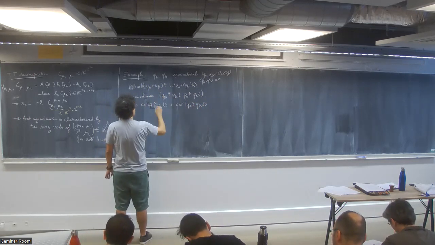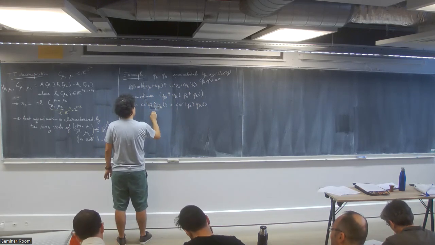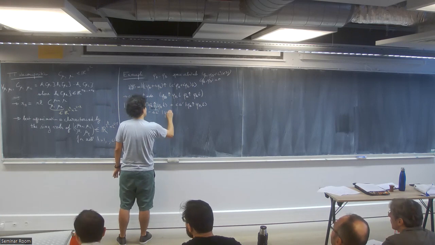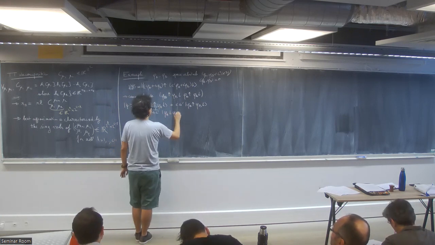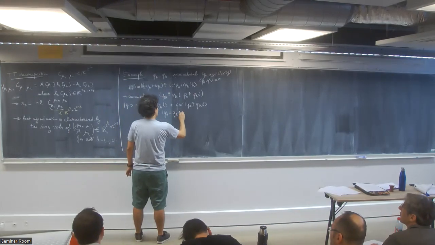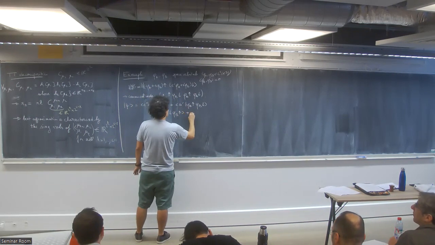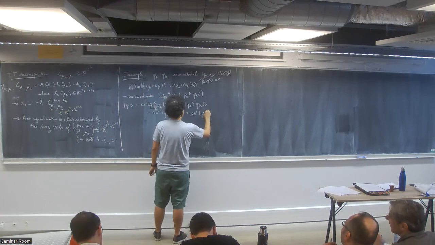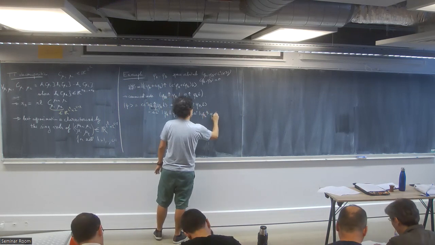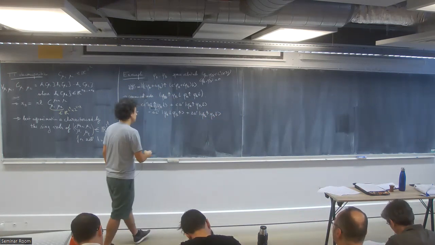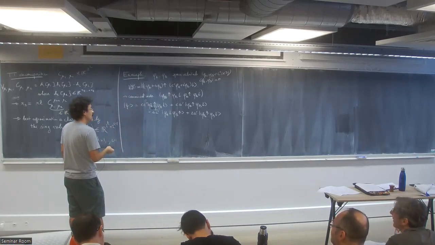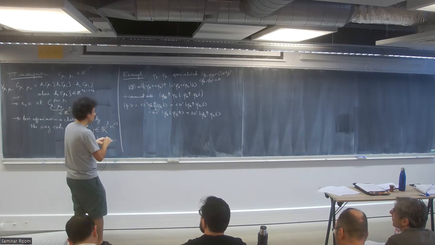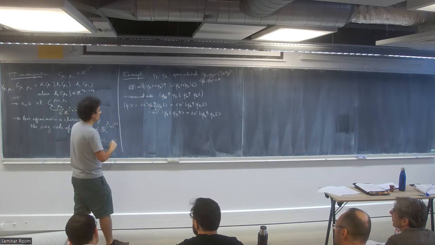Now this one I get a minus sign because of the ordering, and I get a plus s prime. And now I will rewrite it in terms of the occupation number basis.